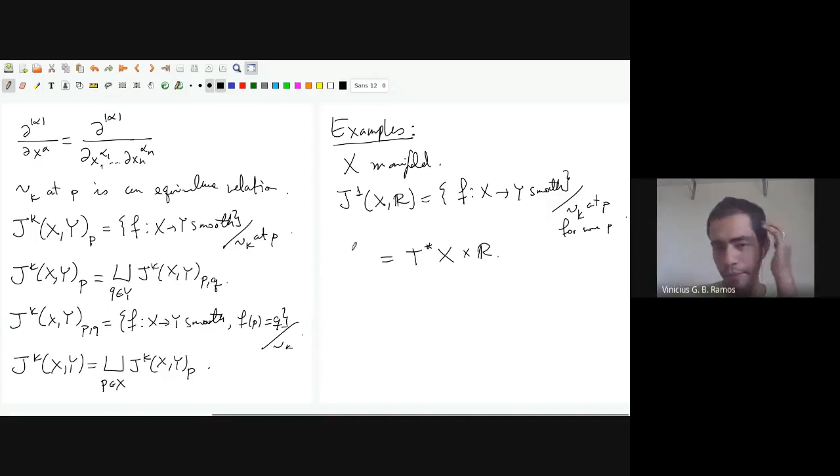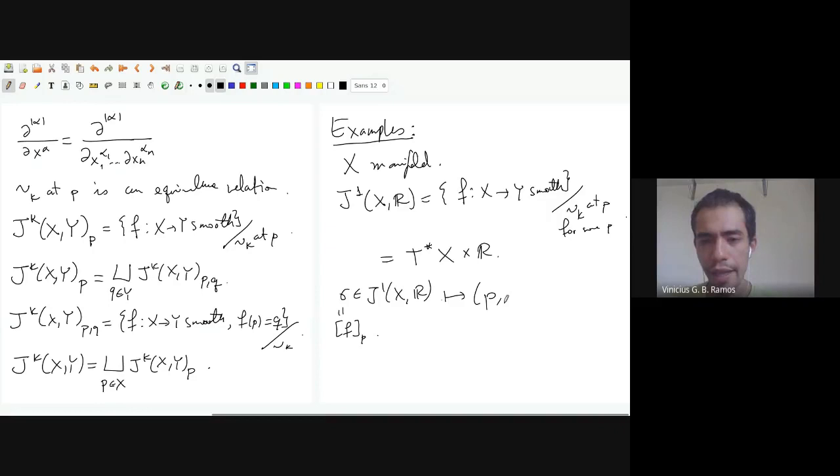So why is that? Well, let's see what something here is. So what is a jet? A jet is sort of the equivalence class of some function at a point P. Right? So I can map this to P, which is the point, and then I can look at the value of the function at P. So f here is a function from X to R. And then basically I can look at the derivative, or the differential.